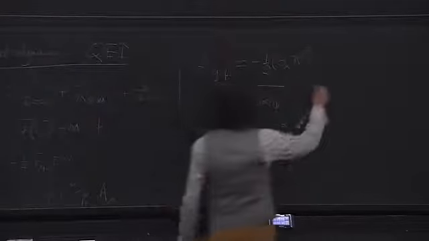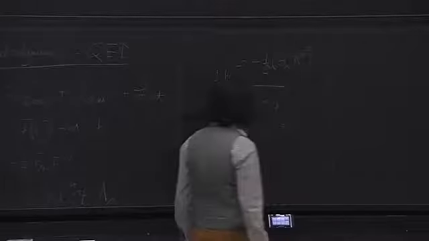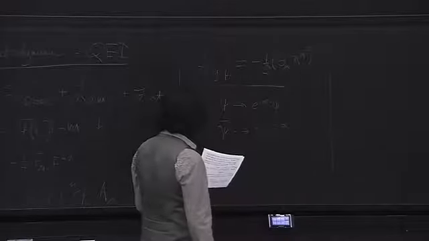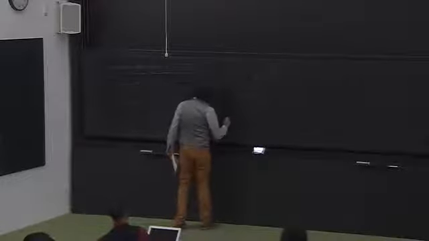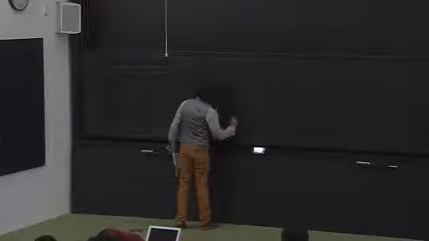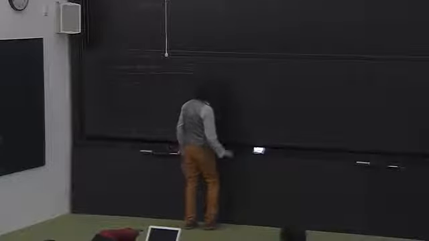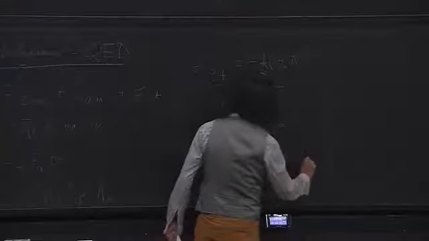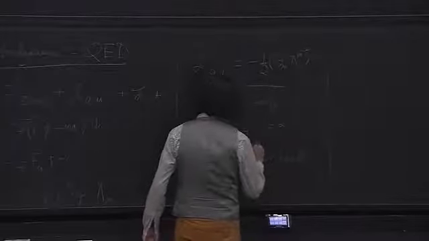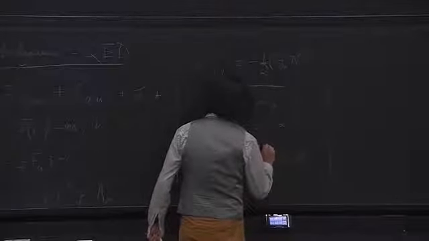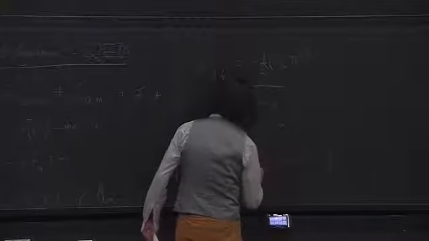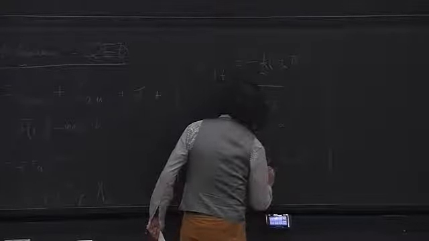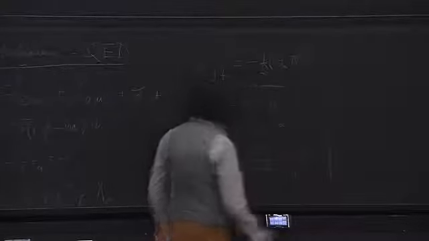So to get around this, what we do is that we allow these transformations to become local. So we take a global symmetry and we allow it to become local. And this is sometimes called gauging a symmetry.